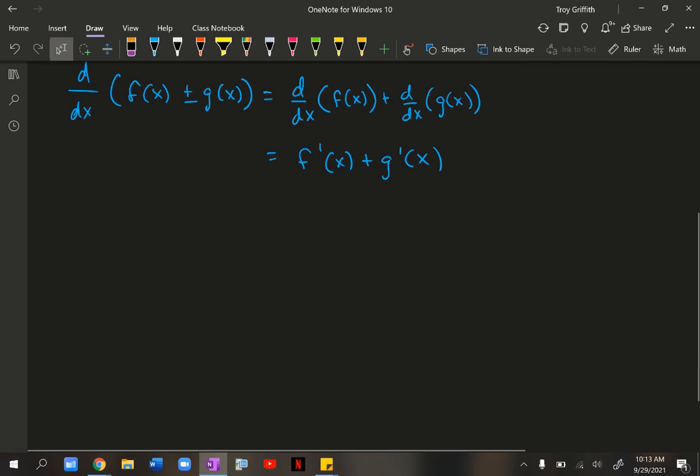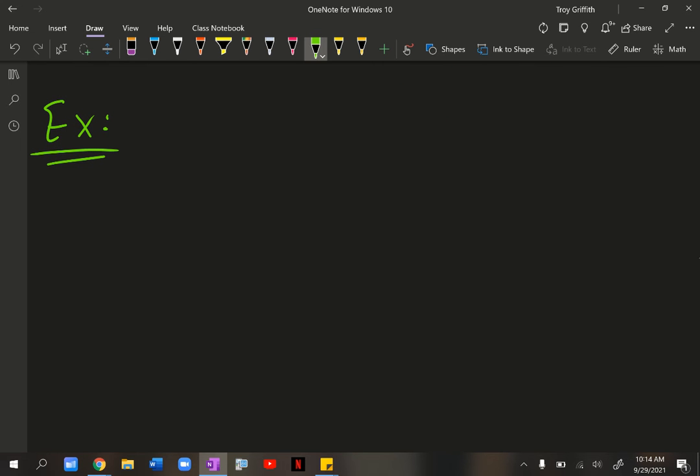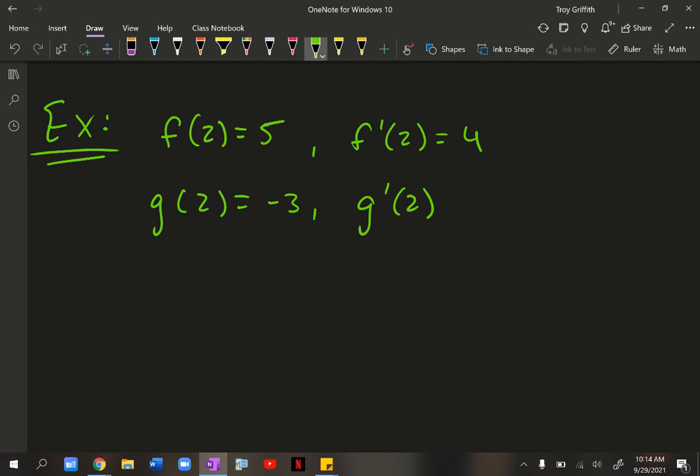All right, quick example here with this. Let's try this. Let's say I told you that f of 2 was 5, f prime of 2 was 4, g of 2 is negative 3, and g prime of 2 is 2.